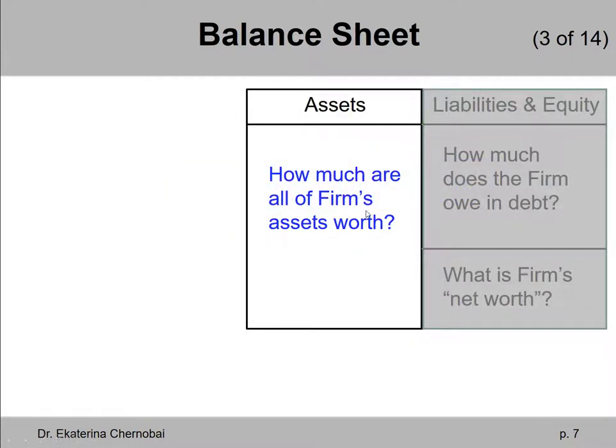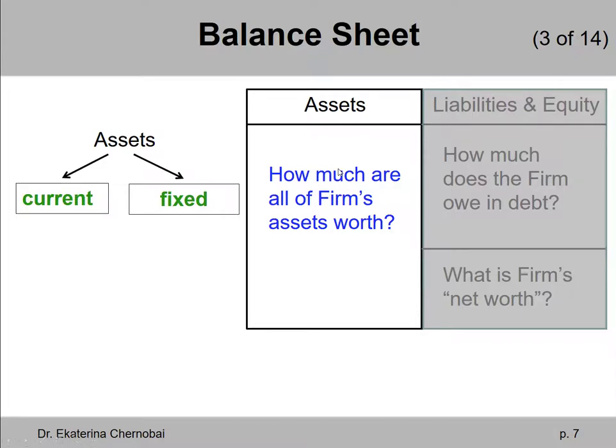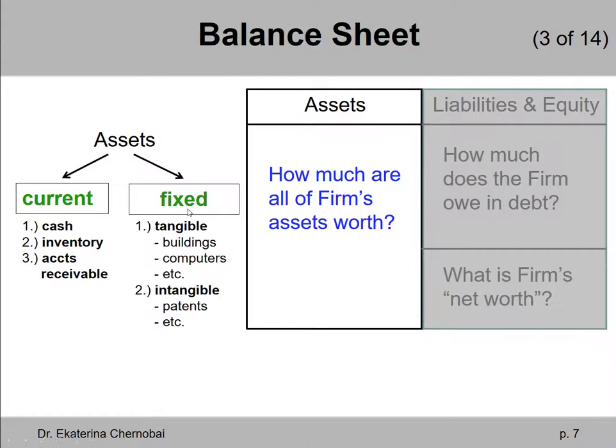Now let's look in more detail at what's under assets, what's under liabilities, and what's under equity. Assets are first. We can categorize assets into current assets and fixed assets. Current assets include items like cash, inventory, and accounts receivable. And fixed assets include everything else.